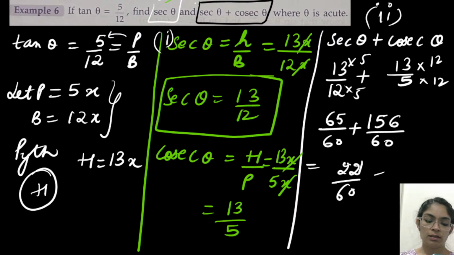Yes, 221 by 60 is the correct answer. Shivani, Tarunya, Yashvardhan and Shashank have given the answer.